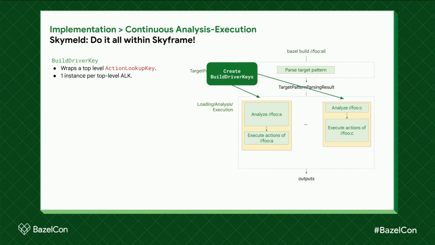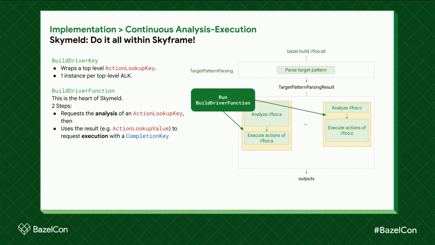And what is BuildDriverKey? It is basically another SkyKey that wraps around the ActionLookupKey, which is the input of the analysis phase. Just think of it as a wrapper. It will be evaluated with the BuildDriverFunction, which is, I'll say, the heart of Skymeld. And it does two things here. First, it extracts the ActionLookupKey and performs analysis on that.